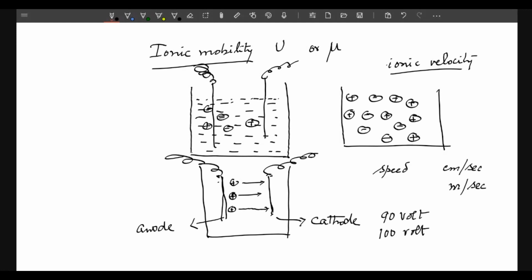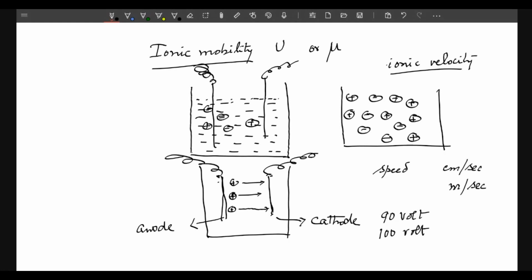What is the potential? What is the voltage you are applying? Therefore, what do we call speed or velocity? The speed of an ion is the distance covered by the ion per second in a medium under an applied electric field.